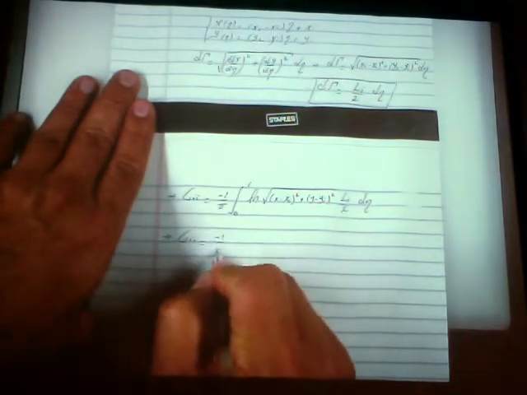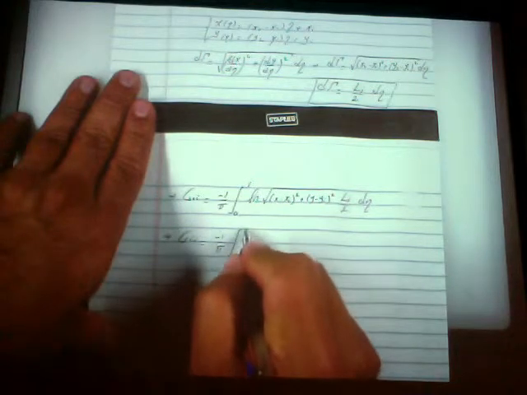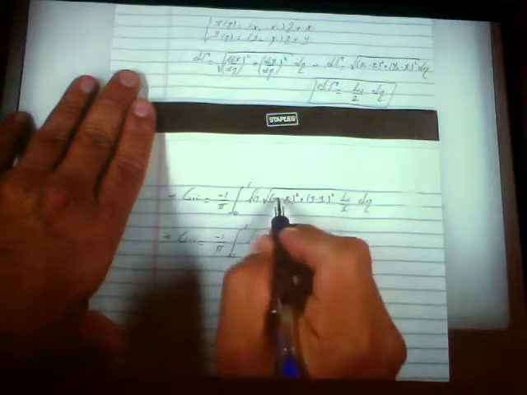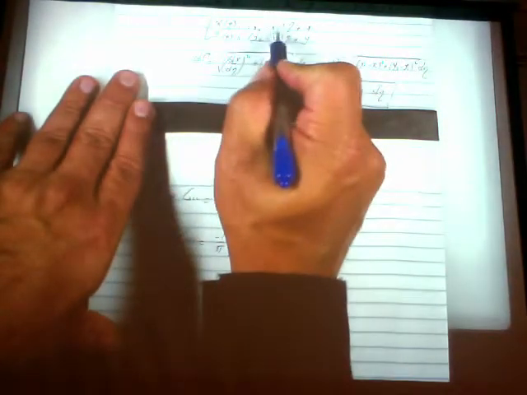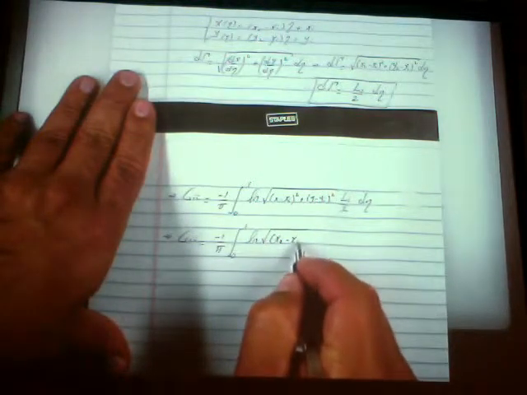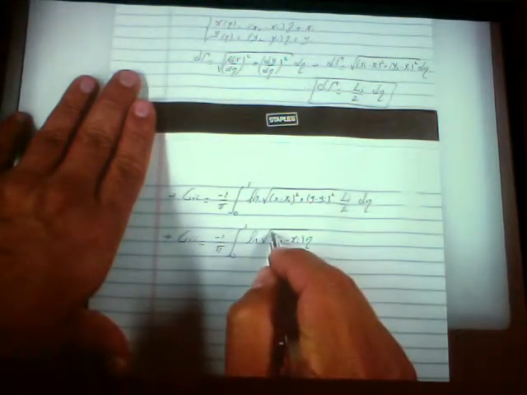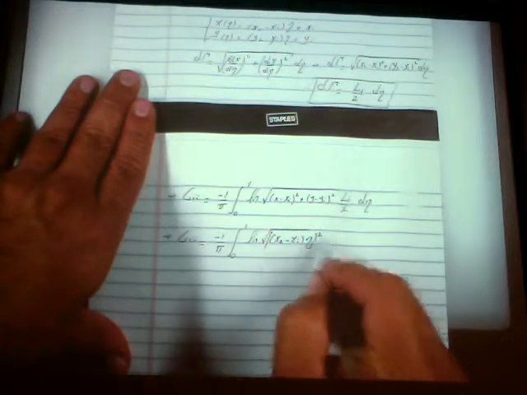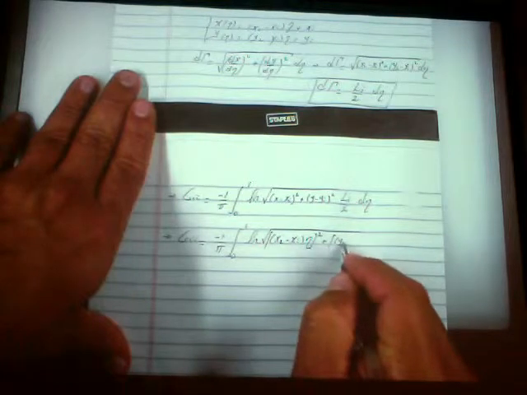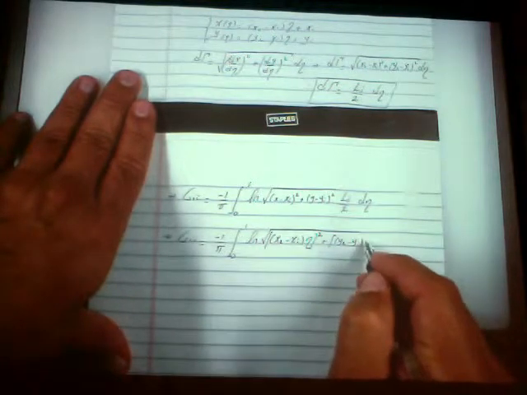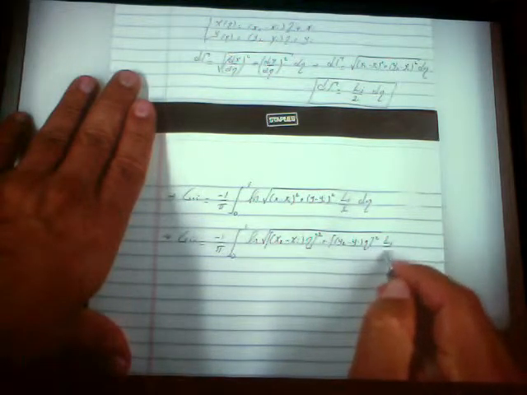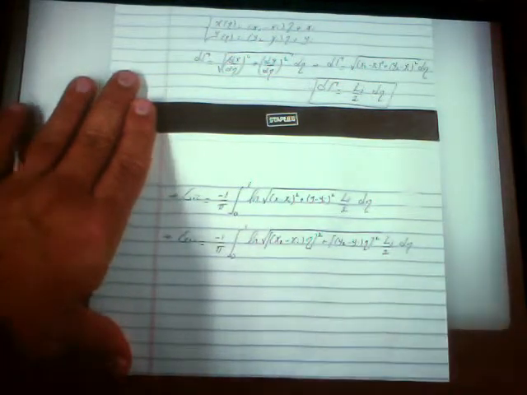It's minus 1 over pi log of x minus xi is equal to x2 minus xi times eta, plus y2 minus yi times eta squared, of j over 2 d eta.